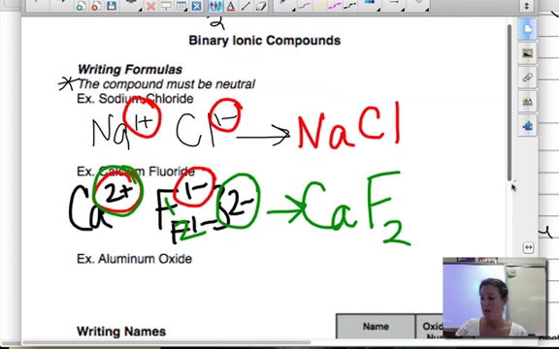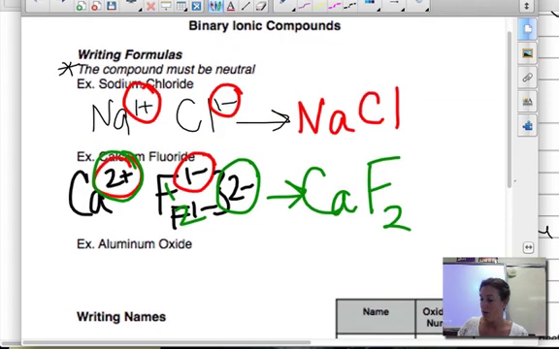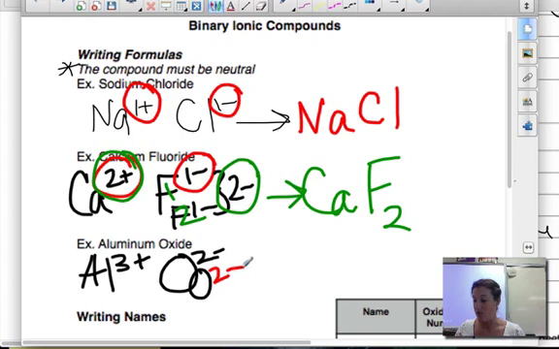Example number 3. The symbol for aluminum is Al. Aluminum is found in group 3, has a positive 3 charge. Oxygen is found in group 6, has a negative 2 charge. My charges are not balanced. If I were to bring in another oxygen, that makes negative 2.